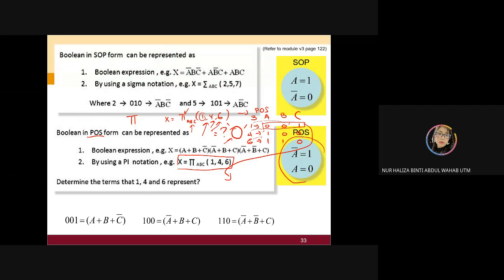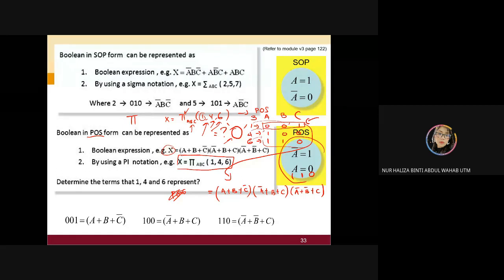Now you have A plus B plus C bar for the first condition. For the second one, you have A bar plus B plus C. And the third one, 1, 1, 0, is A bar plus B bar plus C. This is your POS Boolean expression.